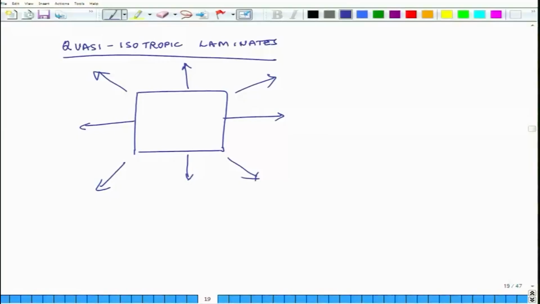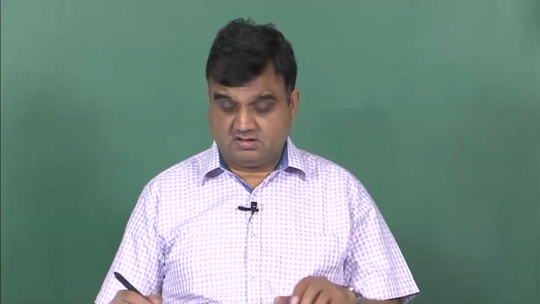Now, this discussion I wanted to again re-emphasize is in context of only in plane response. We are not talking about whether the plate is going to have similar response when it is being bent in different directions. So, when we are talking about quasi-isotropy, we are talking about the behavior of the plate in the in plane direction.